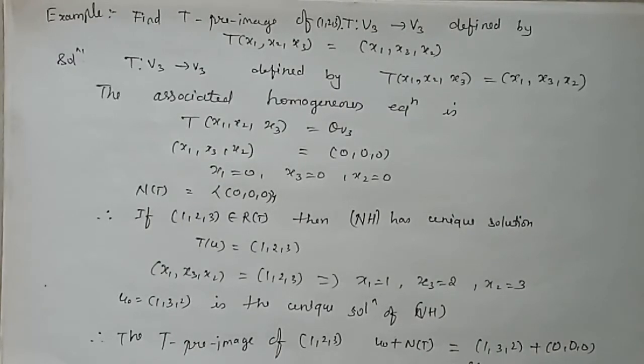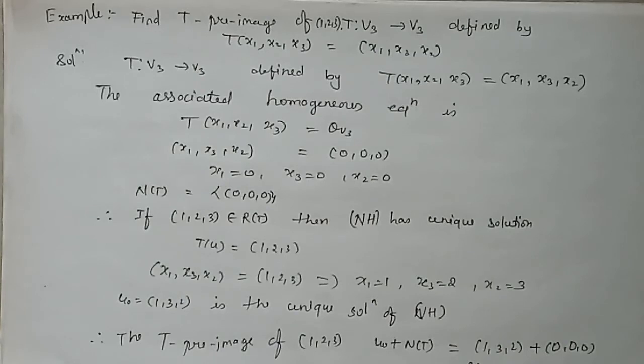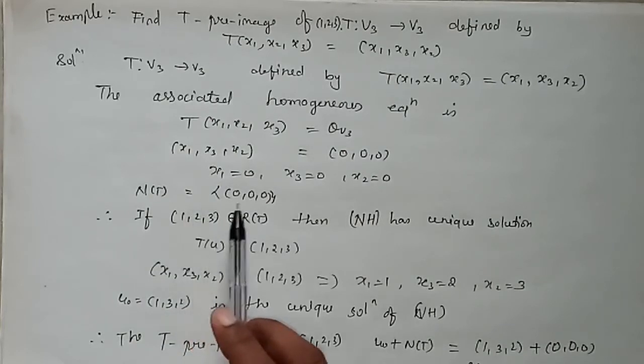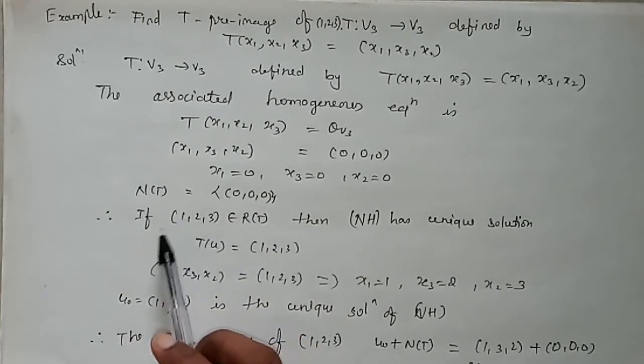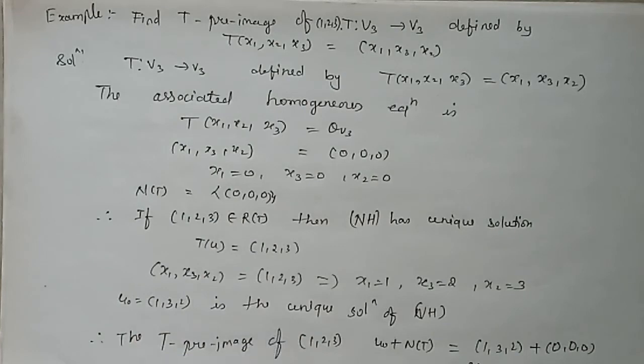So we have seen our three types of questions. First, when our fixed element does not belong to the range of T, then our non-homogeneous equation has no solution. Second, when the nullity of T has only the trivial solution, that is (0, 0, 0), then the non-homogeneous equation has a unique solution. And third, when the nullity of T has a non-trivial solution, then our non-homogeneous equation has infinite solutions.